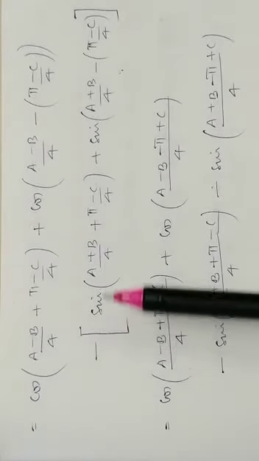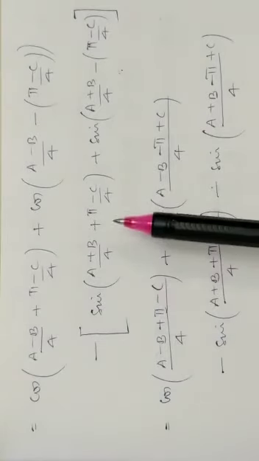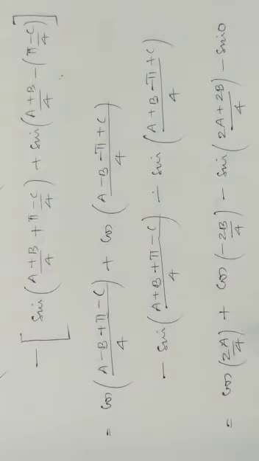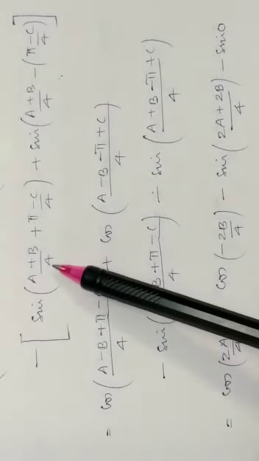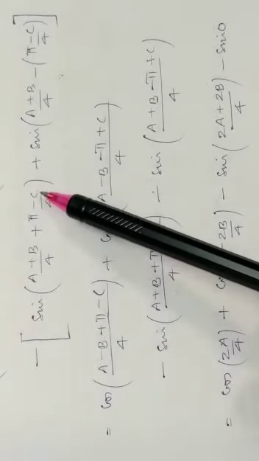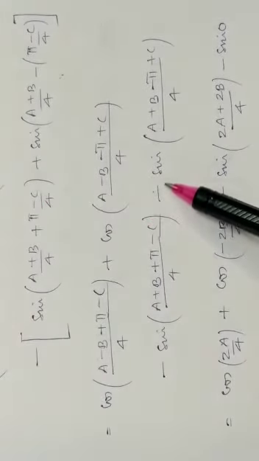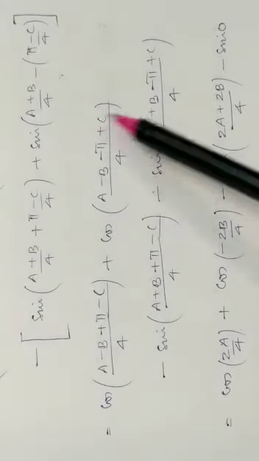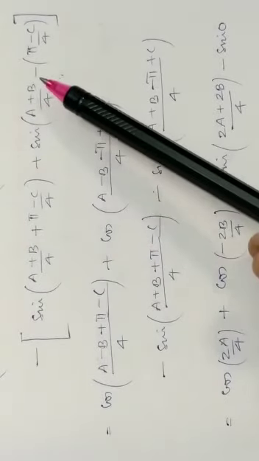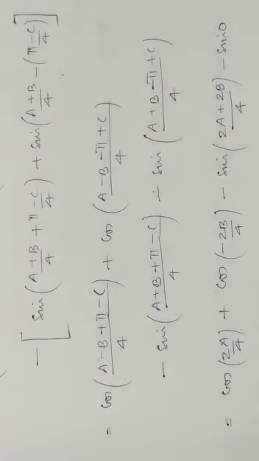Multiply minus inside, minus sin, and take LCM. LCM is 4. Numerator is a plus b plus pi minus c. Minus into plus, minus sin, LCM is again 4, a plus b minus pi plus c, minus into minus plus c.